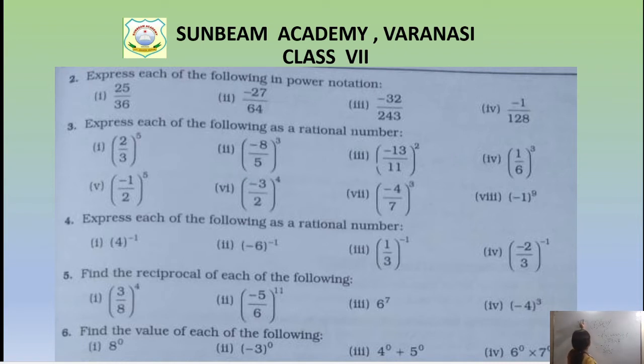Only they want to see whether your concept is clear in the law or not. Because if you see question number 4, negative exponent is there. Question number 4, first part. This is 4 to the power minus 1. 4 to the power minus 1.